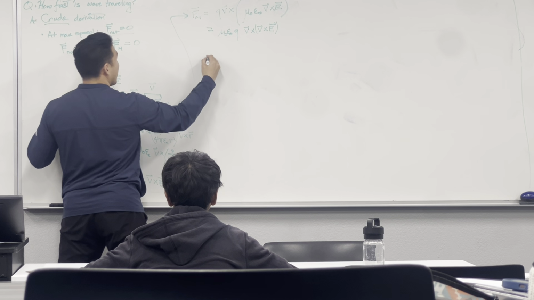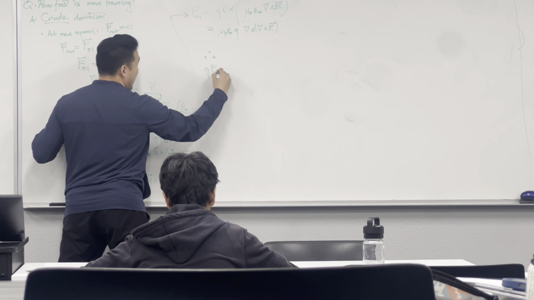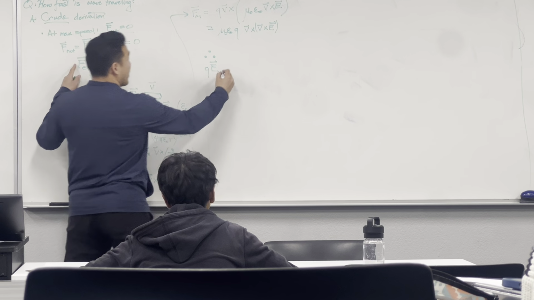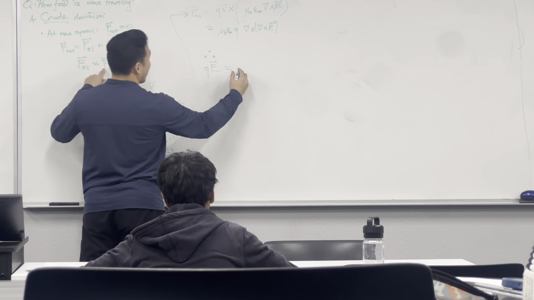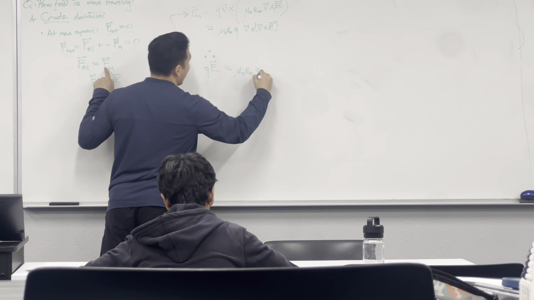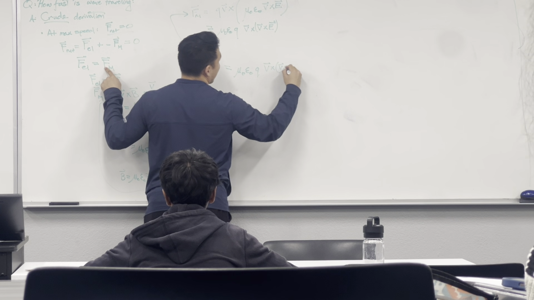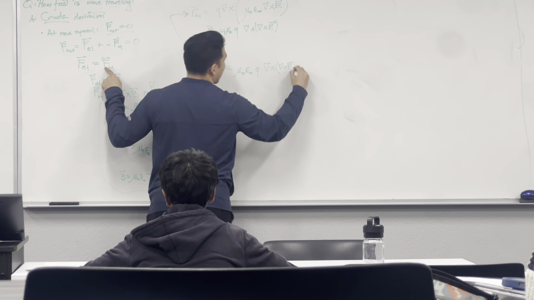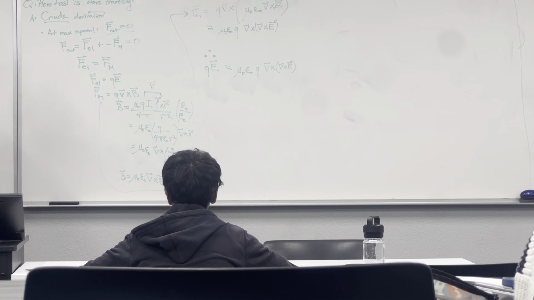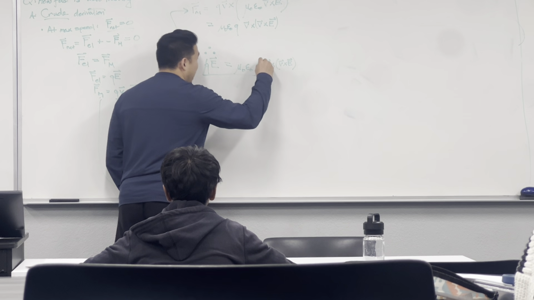Therefore, Q times E, that's the electric field part, is equal to the magnetic field part, which is mu naught epsilon naught Q times V cross E. Now the Q's can cancel.